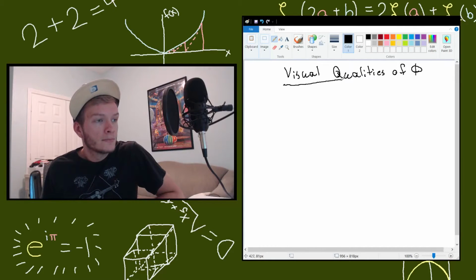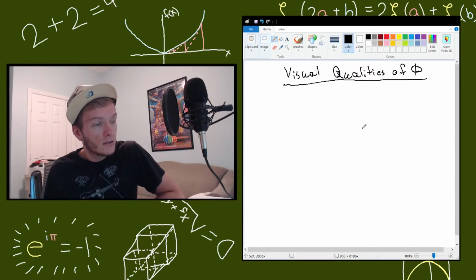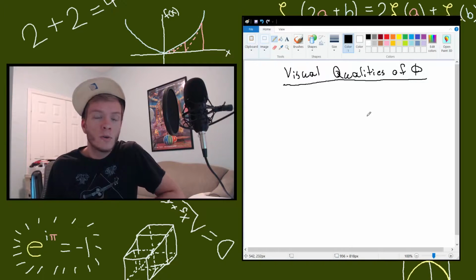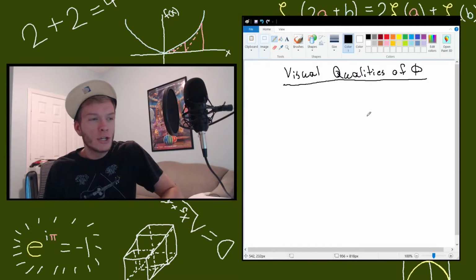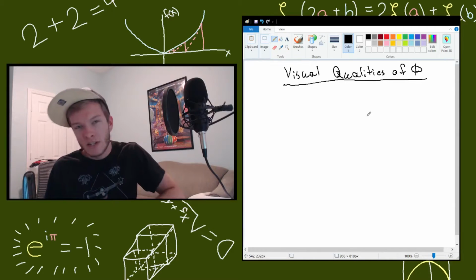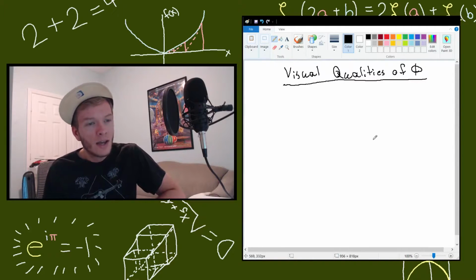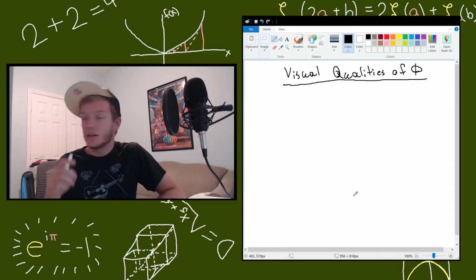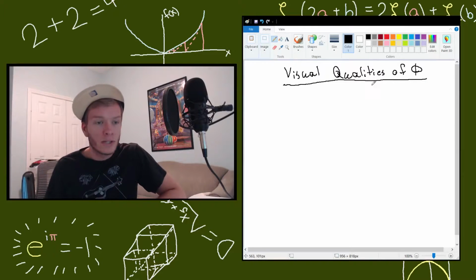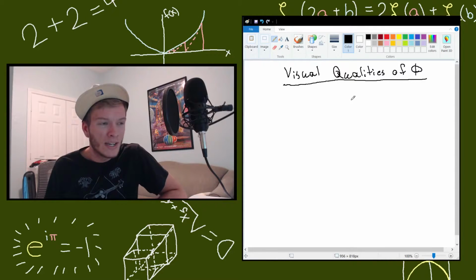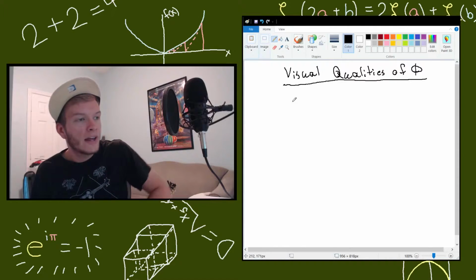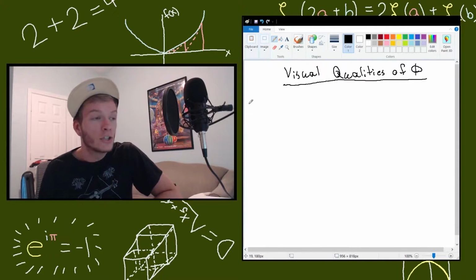So we are talking about the visual qualities of the golden ratio, and why this is a cool ratio is that it actually shows up in nature, and we'll get to that in a little bit. But if you look down in that corner of my screen, you can see the tail end, or actually the beginning of a little pattern that we tend to associate with the golden ratio.